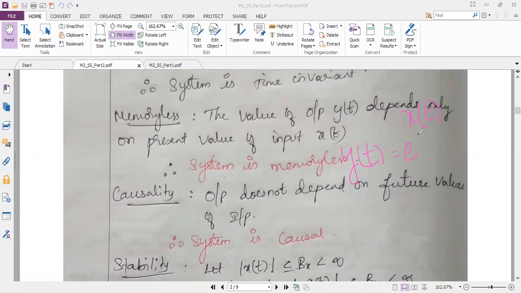My present condition is satisfied. So the conclusion you have to write like this: the output does not depend upon the future value, but it depends upon the present value. Therefore, my system is causal.